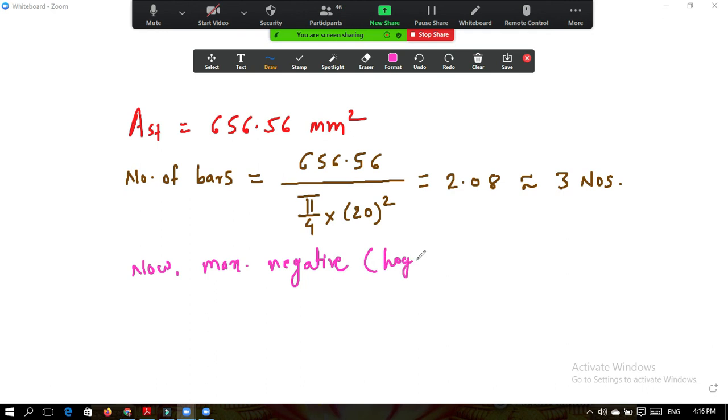Hogging. Maximum negative moment Mu is equal to 151.92 kilonewton meter, the maximum negative hogging moment.